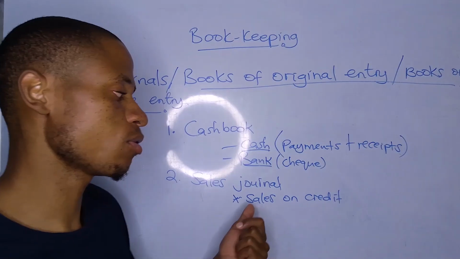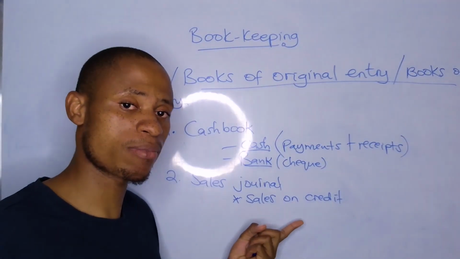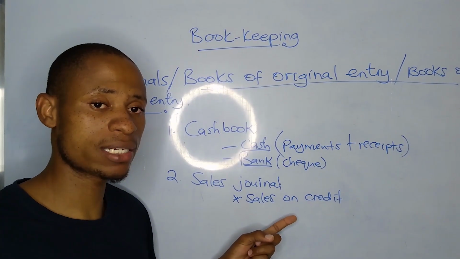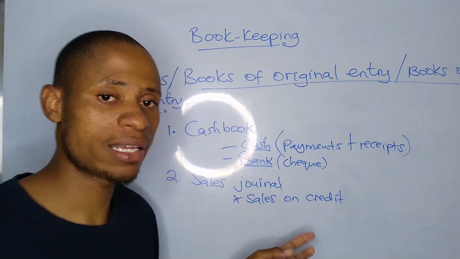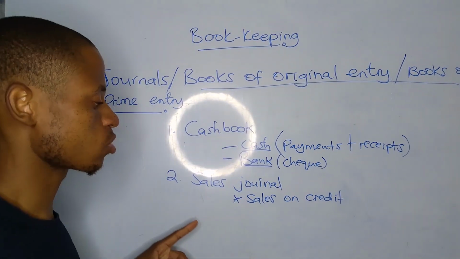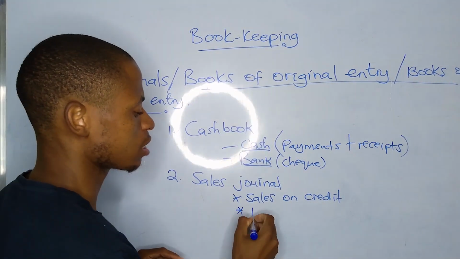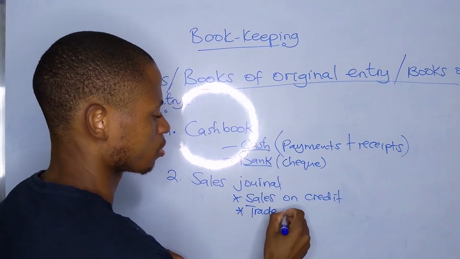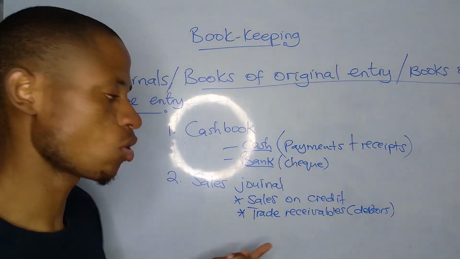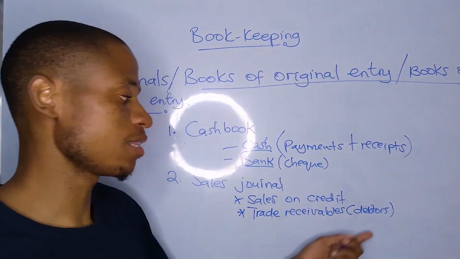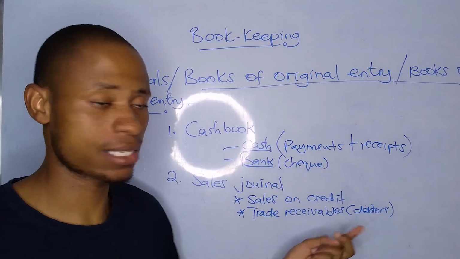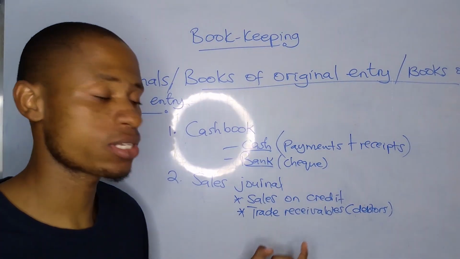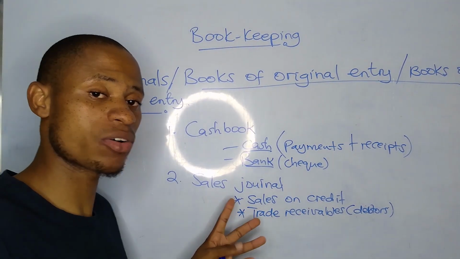The names of those customers who have bought goods to pay later are recorded in a sales journal. So a sales journal takes all trade receivables. The names of our customers, who are called our debtors, also known as our trade receivables, appear in a sales journal.